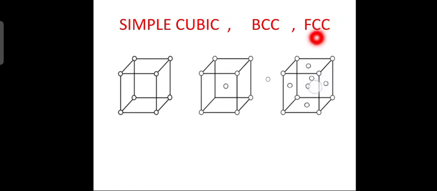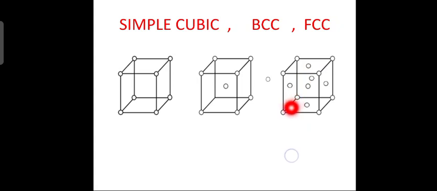Now, face centered cubic lattice, this is the structure of the face centered cubic lattice. Here the lattice points are present not only at the 8 corners, but also at the center of each face. You can see here, this is the center of this face, okay. This is the center of this face, okay. This is the center of this face, whereas this is the center of the front face, and this is the center of the back side face.